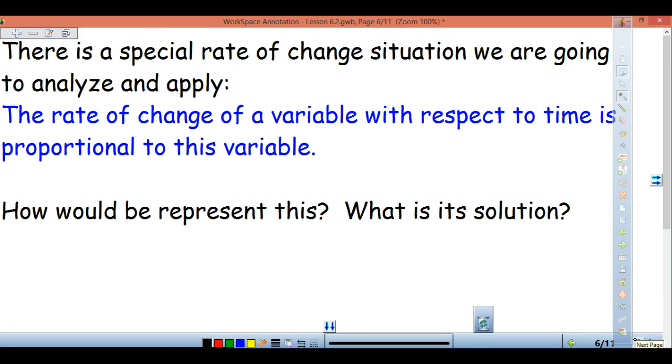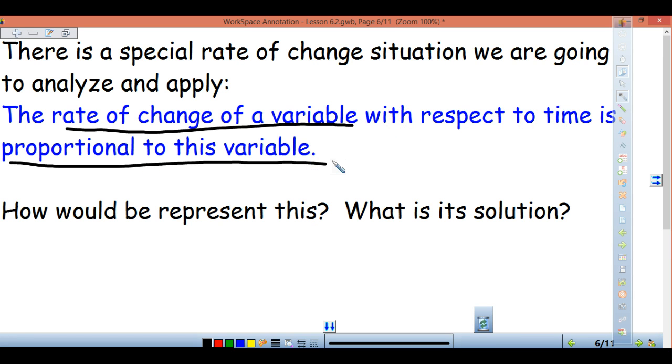All right, so this is a certain situation that has many applications in differential equations. This is the type of scenario that we're looking at. It's one where the rate of change of a variable with respect to time is proportional to this variable. So we want to get this statement written into an equation. Let's just pick something for the variable. You don't even need to be creative. We could even just say v for variable.